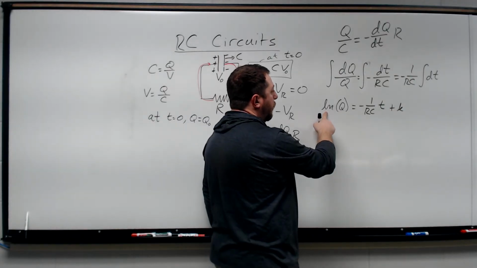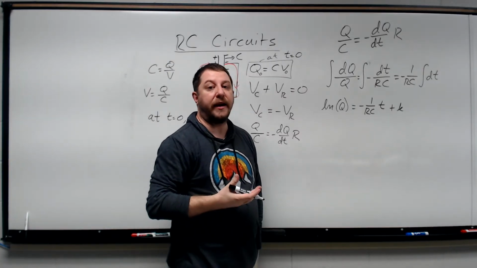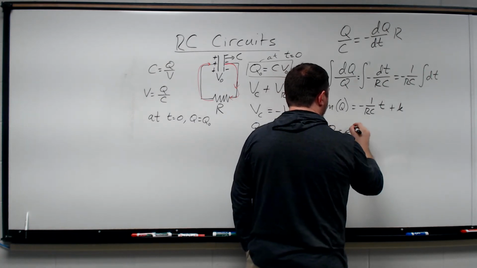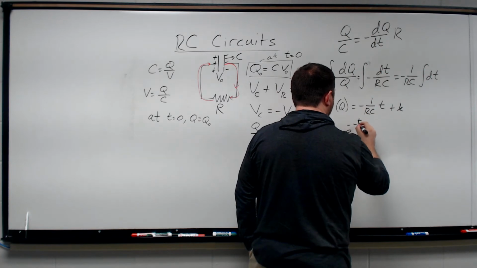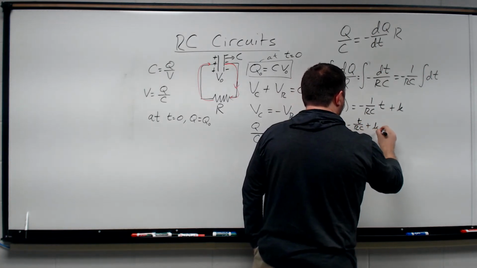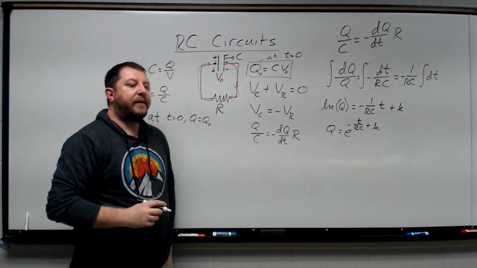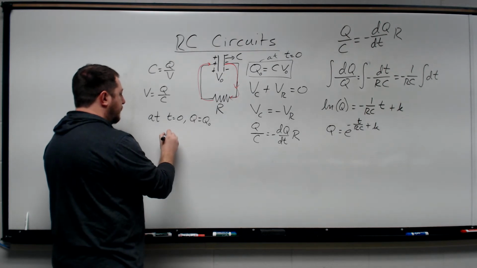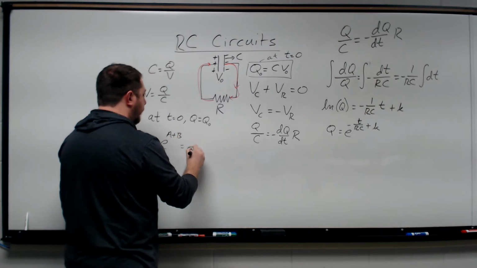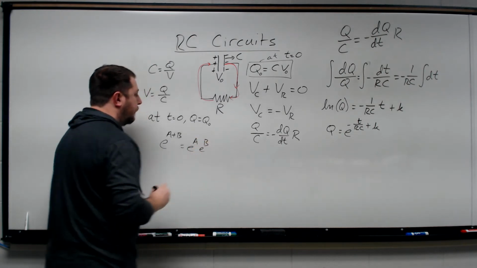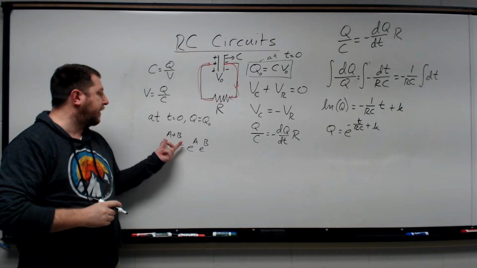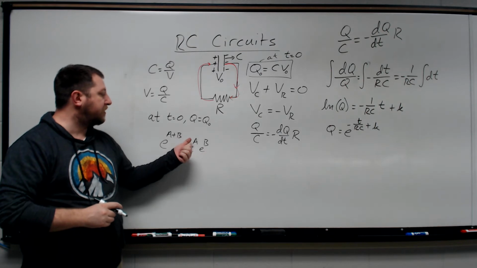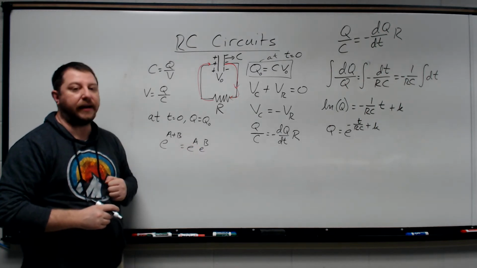So to solve for q, what you want to do is exponentiate both sides. So we have this, and you can use the property e to the A plus B is equal to e to the A times e to the B. When you have the same base with different exponents, it's the same thing as that base to one exponent multiplied by that base to the second exponent.